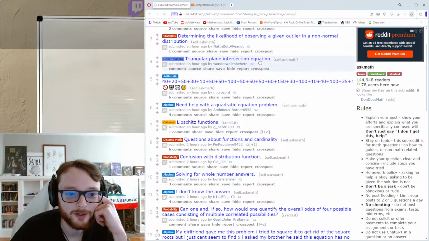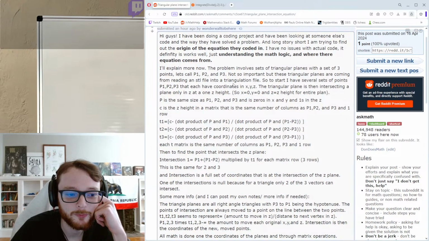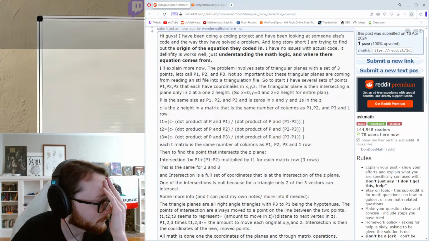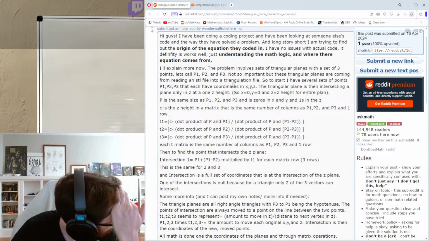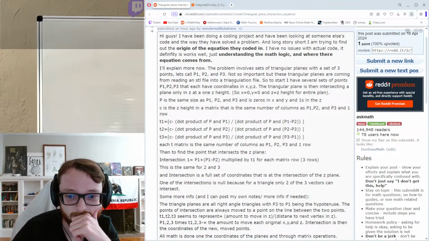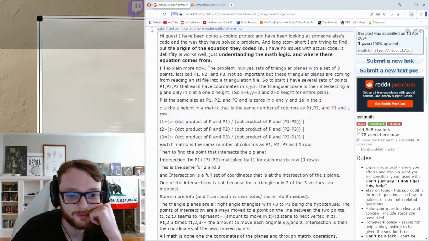Triangular plane intersection question. I feel like I've done a problem like this before. They make a triangle in a fourth plane though, wouldn't they? This is a very applied version of it though.